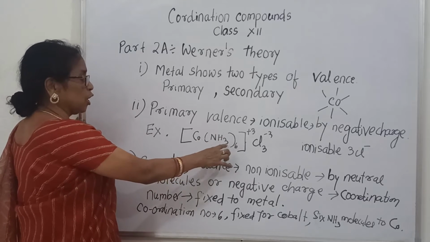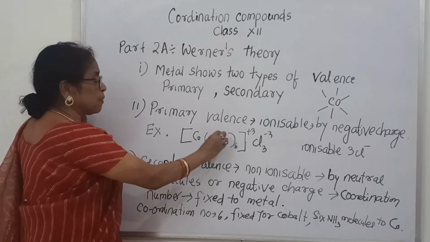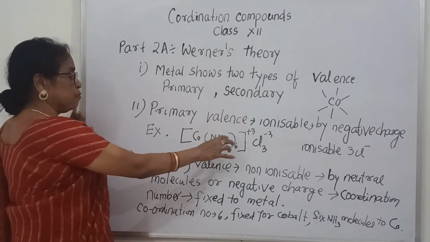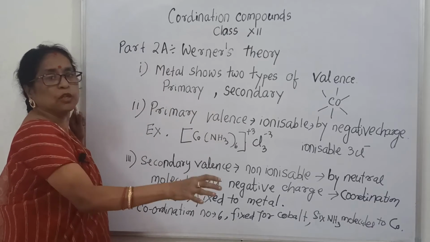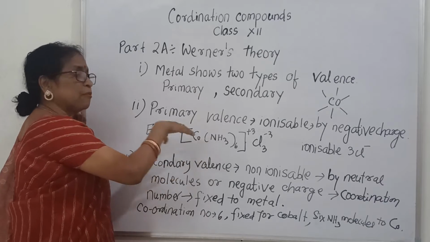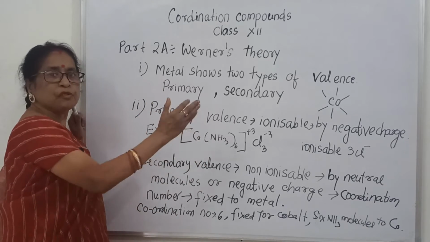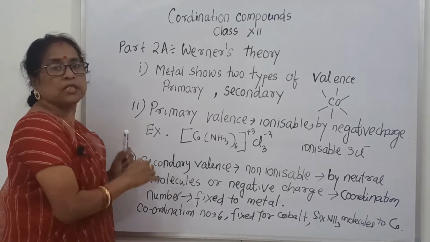These 6 molecules are non-ionizable. That means this part cannot be ionized, and has neutral molecules or negative charge. This is the example where neutral molecules are present, and later I can show you that some anions may be present, or some mixture of anions and neutral molecules, and that is called the coordination number.